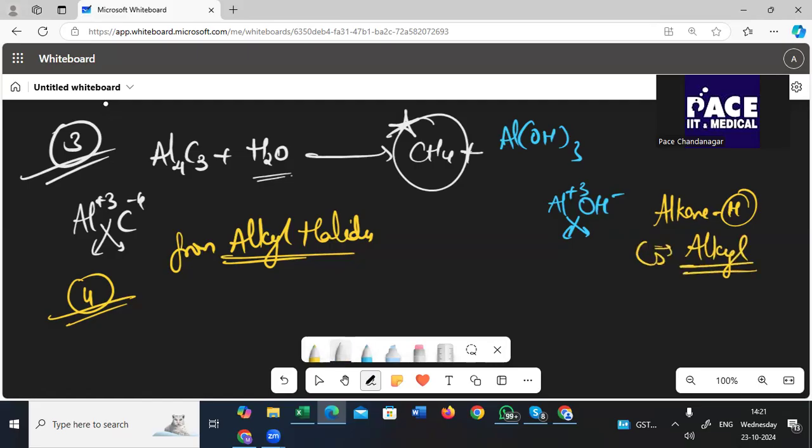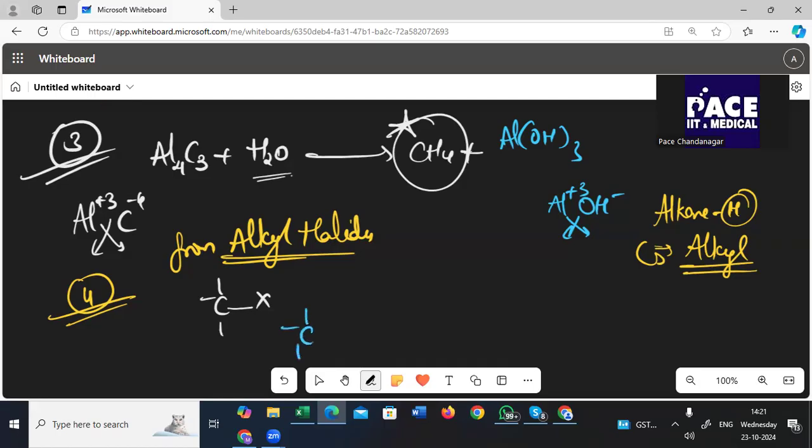So an alkyl halide is CH3X. CH4 is methane, so CH4 minus one hydrogen is CH3, which is your methyl group. Halogen is represented in the form of X. It can be any halogen. Generally we take chlorine and bromine, but we can go even with iodine here.